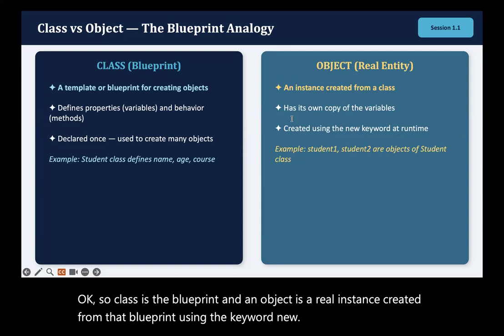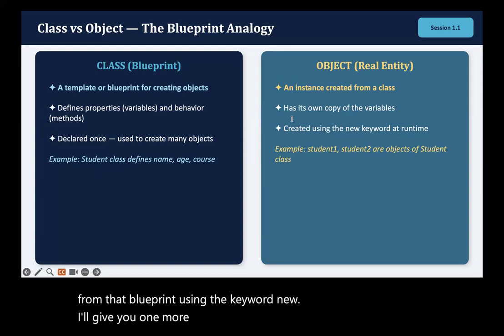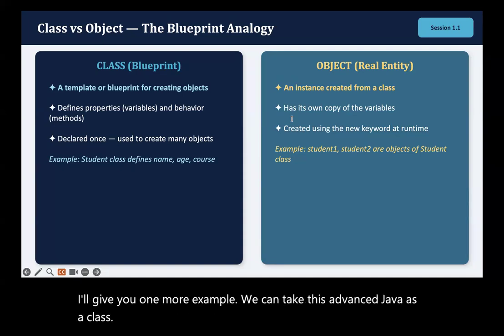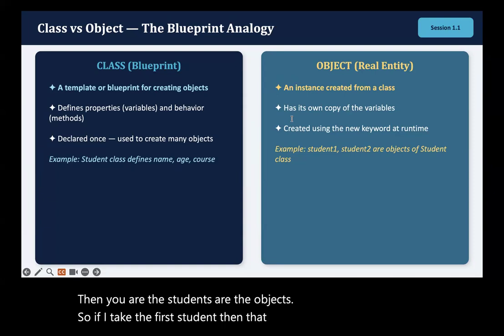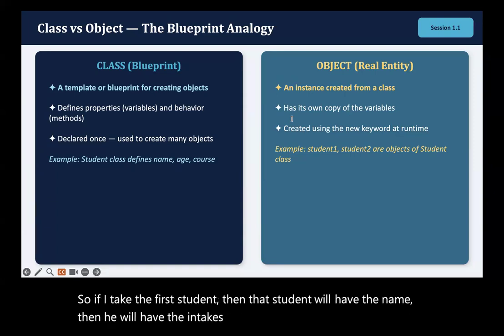I'll give you one more example. We can take advanced Java as a class. Then you, the students, are the objects. If I take the first student, that student will have a name, an index number, a course, address, age, everything.